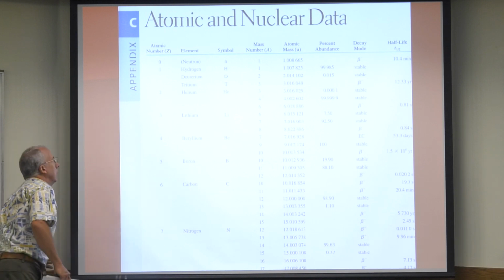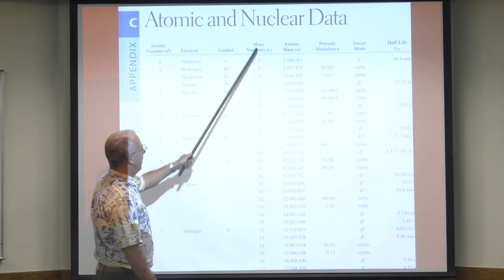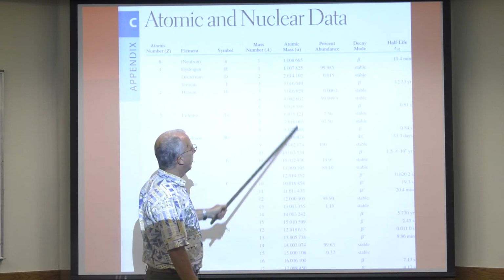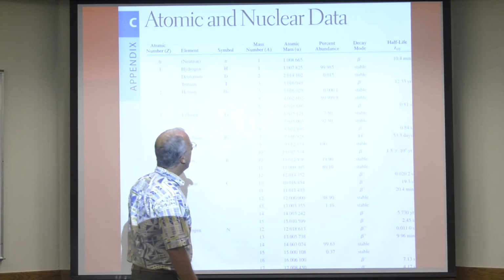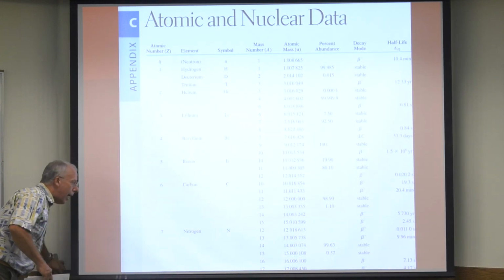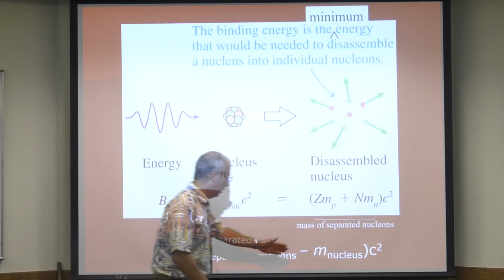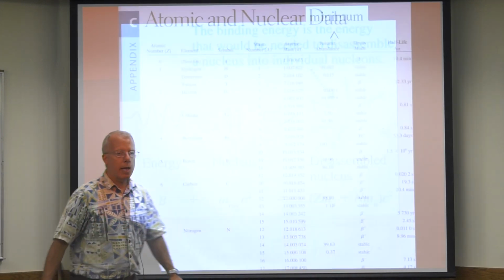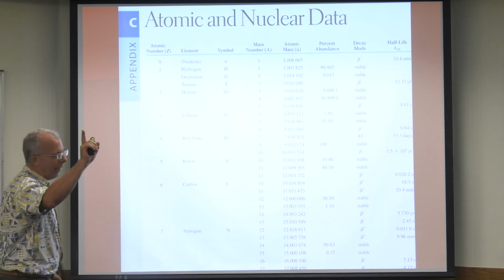Let's see, there's the Z, the element, the symbol, mass number, atomic mass. What do you mean atomic mass? I don't want the atomic mass, I want the nuclear mass, right? So this table doesn't help. What a bummer, but it's okay.